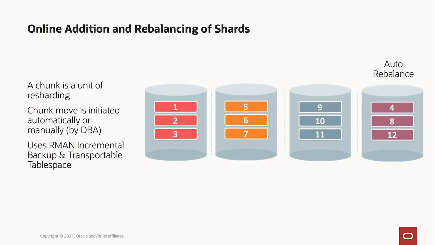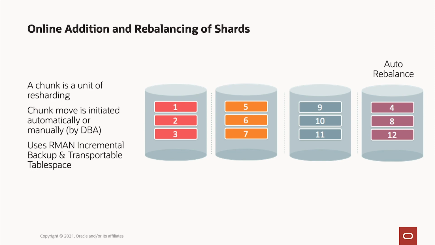We also allow for splitting of chunks. For example, chunk number 1 has customer ID 1, which has become very hot, whether in terms of number of queries or data volume, and is causing a noisy neighbor problem. So what we can easily do is split a chunk and then move the split chunk to another shard. All of that is supported completely online.